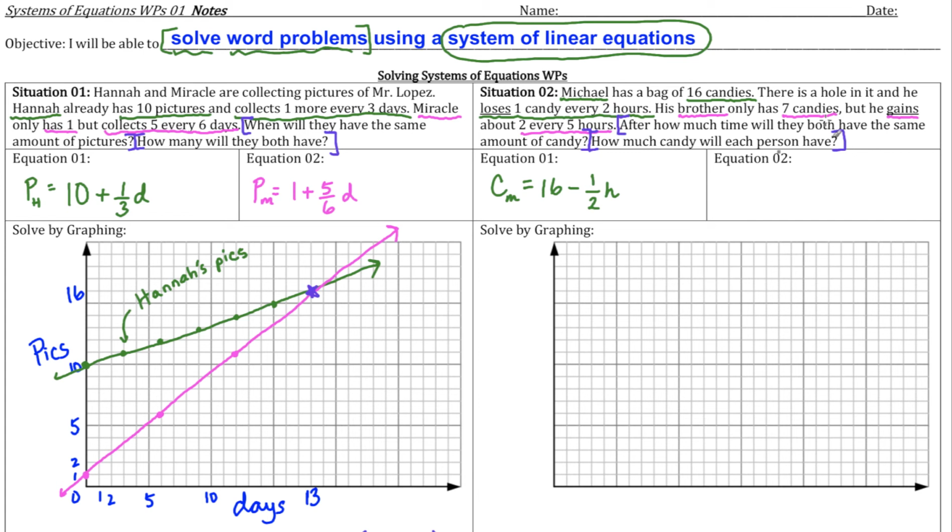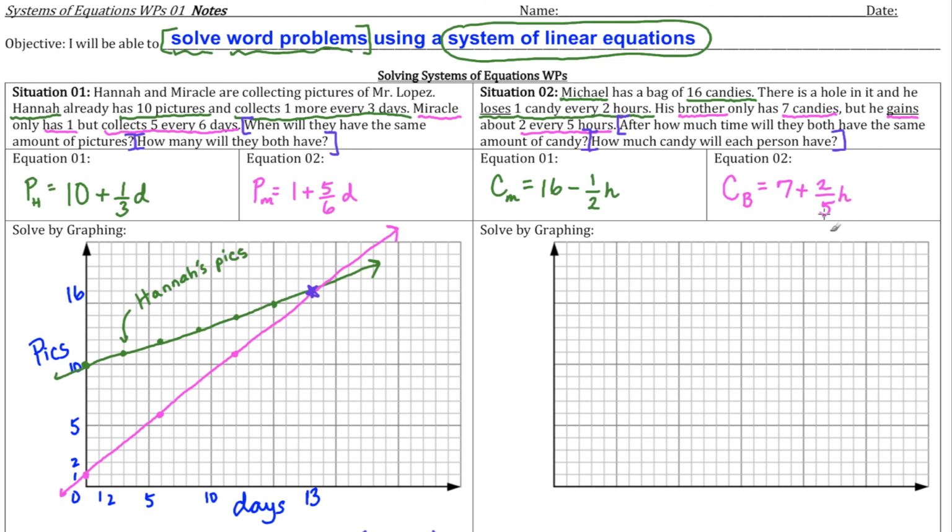His brother, on the other hand, so the candy for his brother starts with 7 candies. So his brother originally has 7 candies, but he gains. So the amount of candies increases by 2 candies every 5 hours.